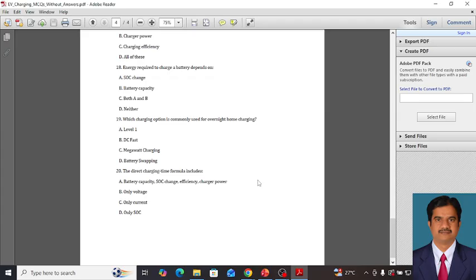The last one, the direct charging time formula includes battery capacity, SOC change, efficiency, charger power, or only voltage, or only current, or only state of charge, or SOC. Over.